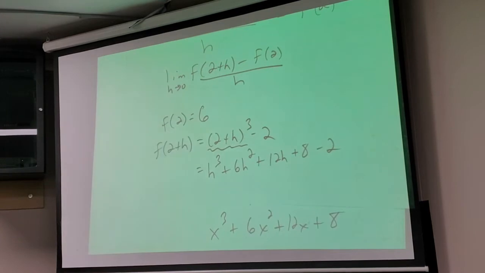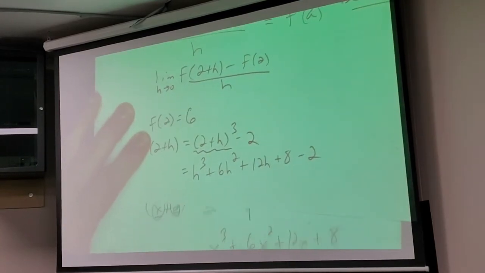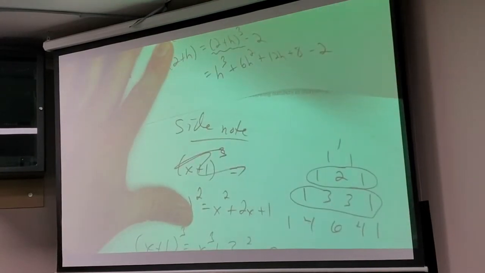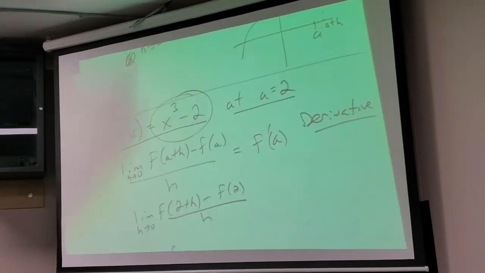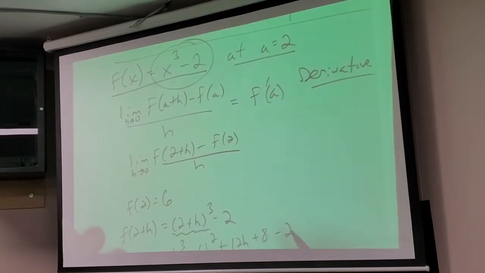Now you could have just written 2 plus h, 2 plus h, 2 plus h, and then multiply. That's okay. Right now, if you don't understand this, does that mean you're going to fail the class? No. I just want to show it to you right now because it's going to come back later and then we'll focus more time on it.